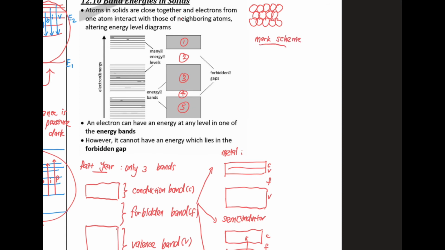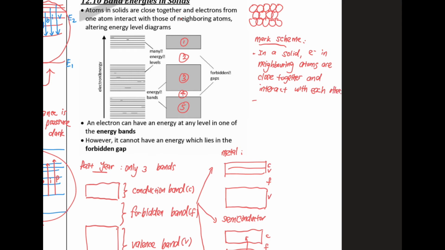Okay, so the first point we can say, in a solid, electrons in neighboring atoms are close together and interact. So it seems like this is same with the note. Interact with each other. Okay, this is the first point.